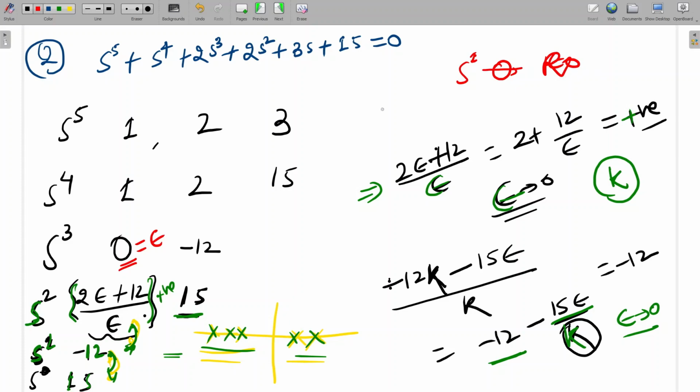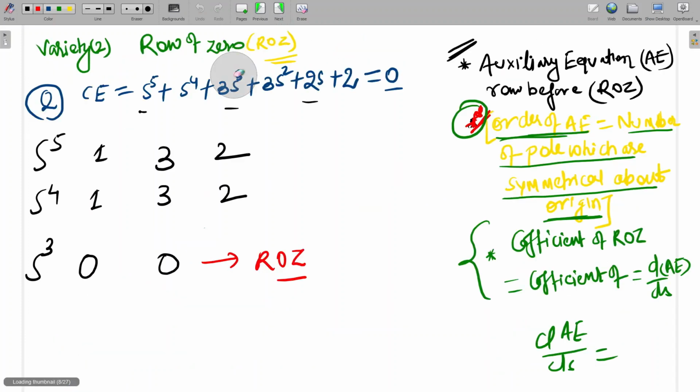If after 0 any other constant comes, let's say this is 0 and the next element is a constant, then only this epsilon assumption will be there. If only 0s are there, then it is called a row of zeros, and this kind of method will be applicable. So here this is a row of 0. What we will do, this is the auxiliary equation. So we can draw one line like this.